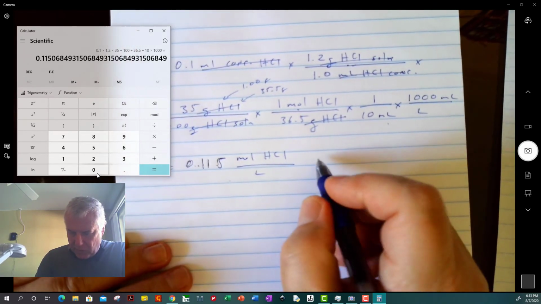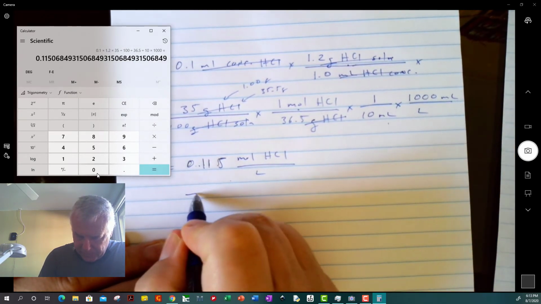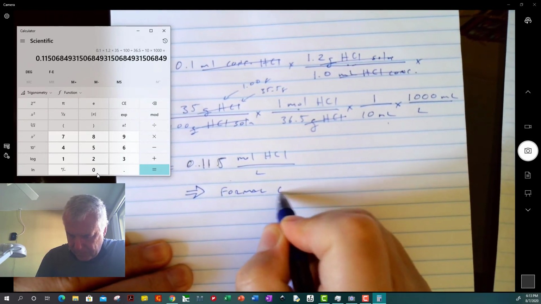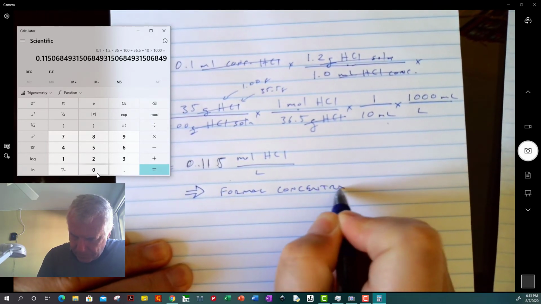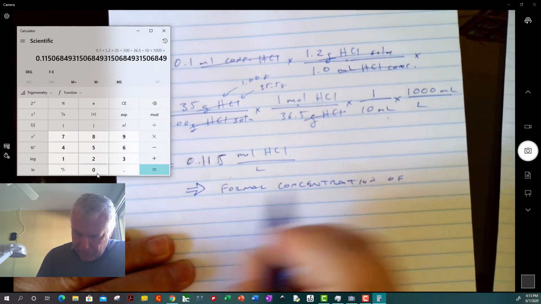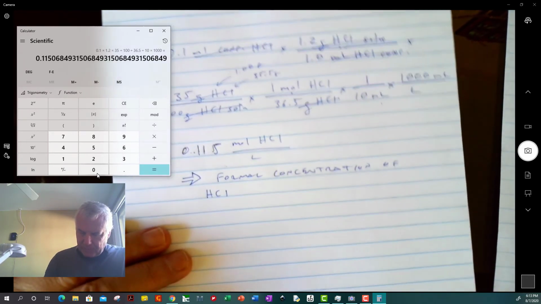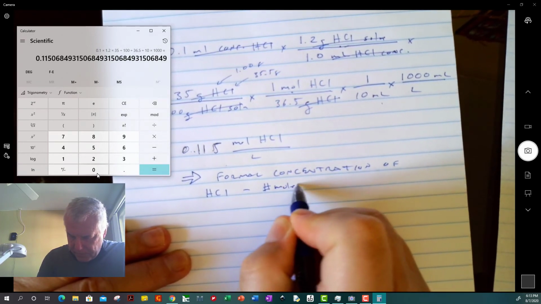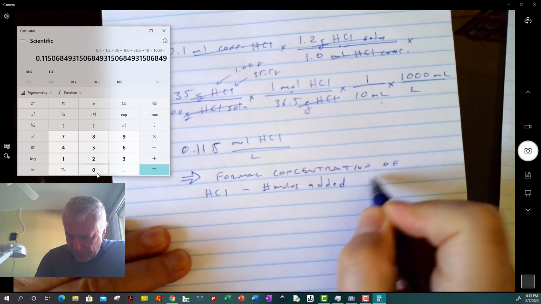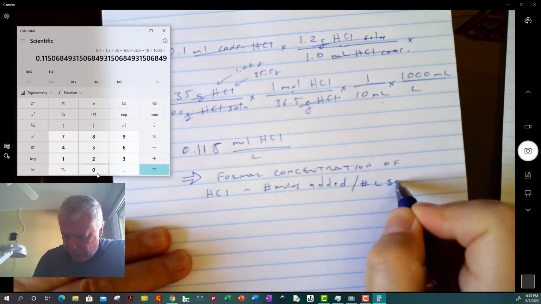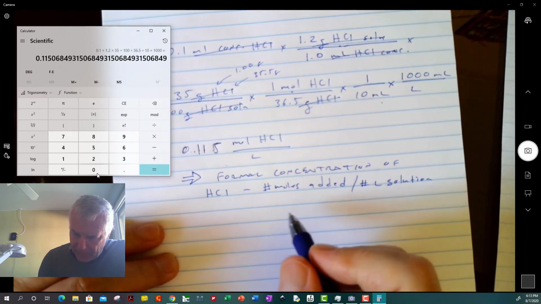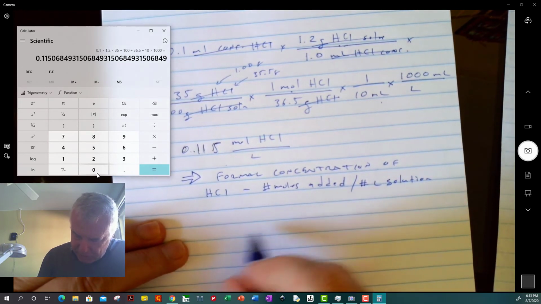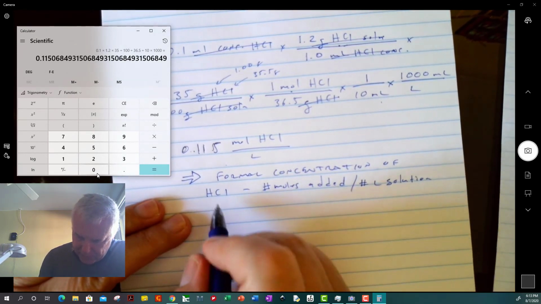So this is known as the formal concentration of HCl, right? That's just to say this is the number of moles that we added divided by the number of liters of solution formed, irrespective of what may have transpired after that, irrespective of the extent of ionization.